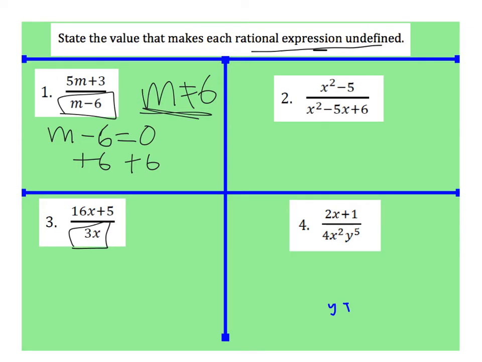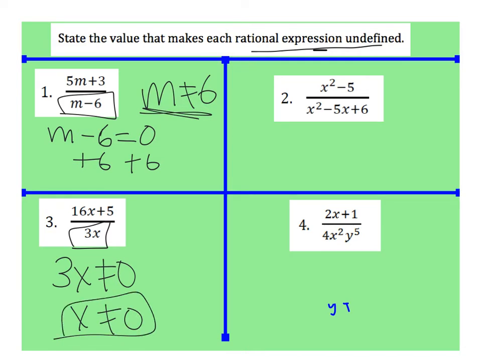Here I've just got one term, so 3x cannot equal 0, so x cannot equal 0. So that's my excluded value. For number 2, I need to factor this a little bit. So I need to draw my x.